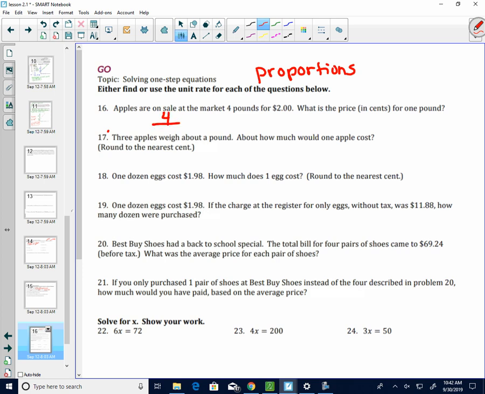Well, it's 4 pounds over $2 is equal to, I want 1 pound over X amount of dollars. So we cross multiply. 2 times 1 is 2, and that is equal to 4 times X, which is 4X. How do I get X by itself? I divide by 4. So what's the price for 1 pound? It is 50 cents a pound, because 2 divided by 4 works out to be 0.5.